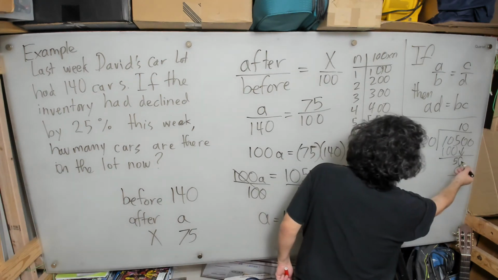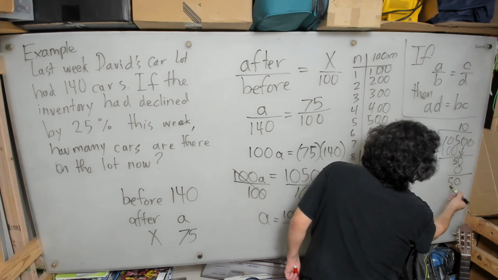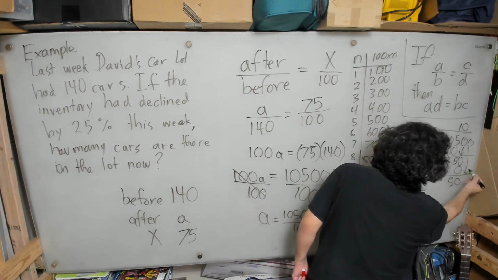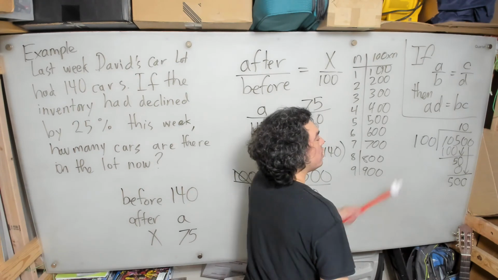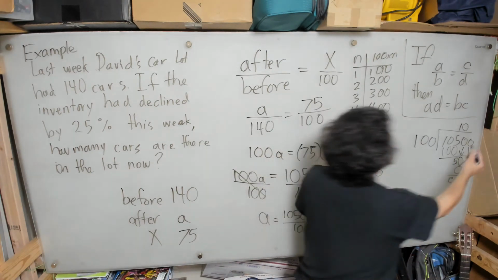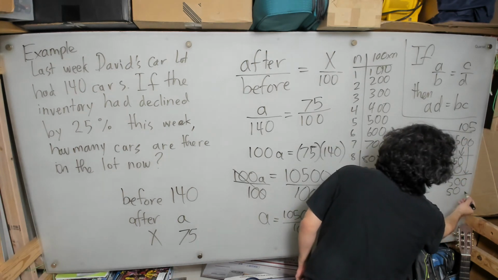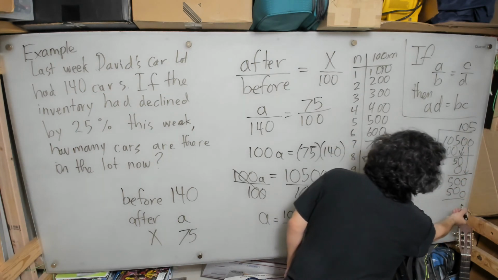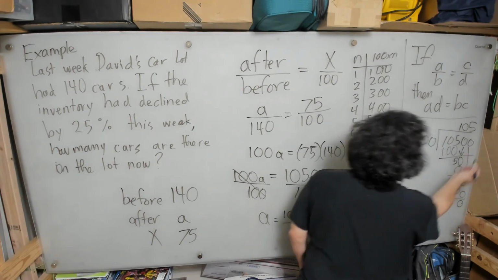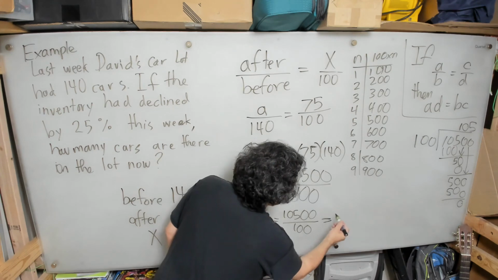And then I subtract: 0 minus 0 is 0. 5 minus 0 is 5. Then I bring down this digit. And I can ask the question, does 100 go into 500? It does 5 times. 5 times 100 is 500. I subtract these and I get 0. There's no further digits to drop, and so that's when the division stops. So this is 105.